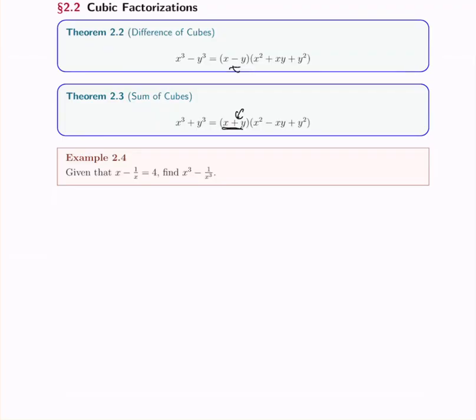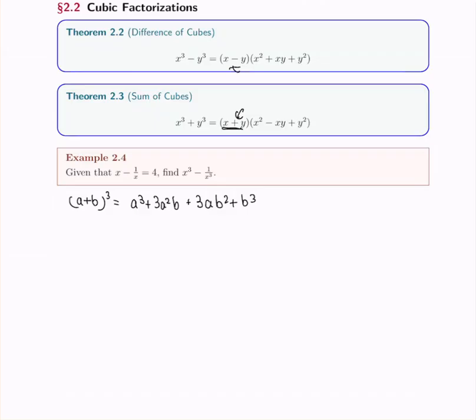Okay, so let's remember our expansion of cubes. Say that we have a plus b and we want to cube it. Then that gives us a cubed plus 3a squared b plus 3ab squared plus b cubed, right?